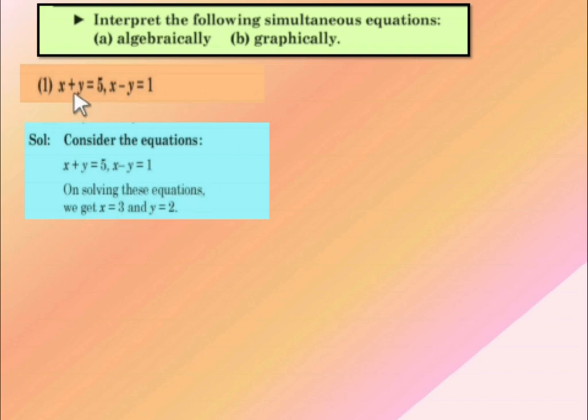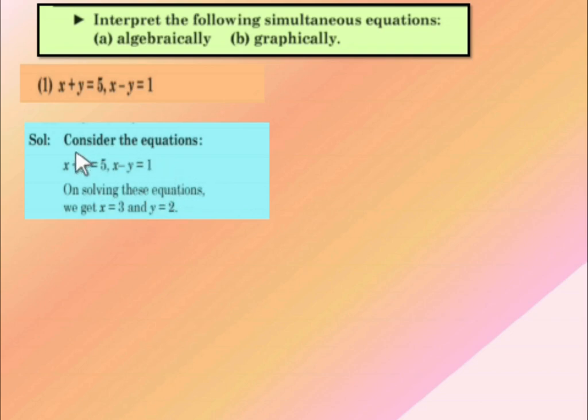Put x is equal to 3 here. 3 plus 2 is 5. Yes, y is equal to 2. Orally we get this on solving these equations. These are very simple equations, given at the 10th standard level. The moment you get x is equal to 3, y is equal to 2, that means this point is common for both equations.